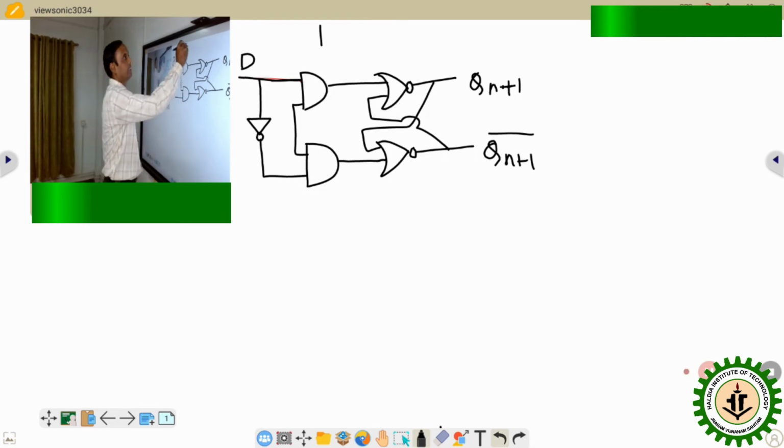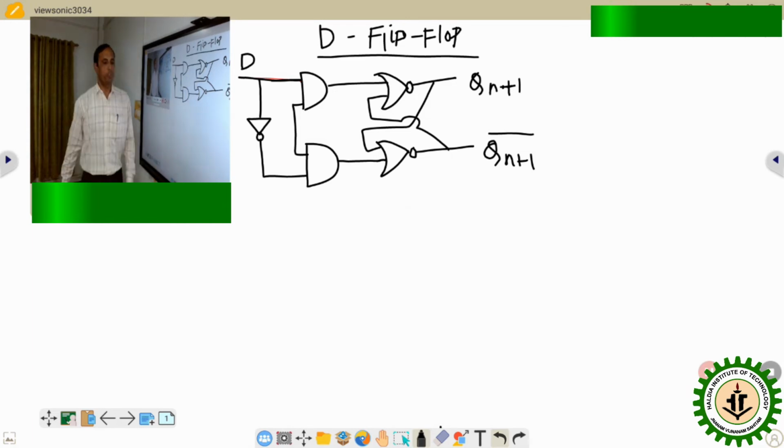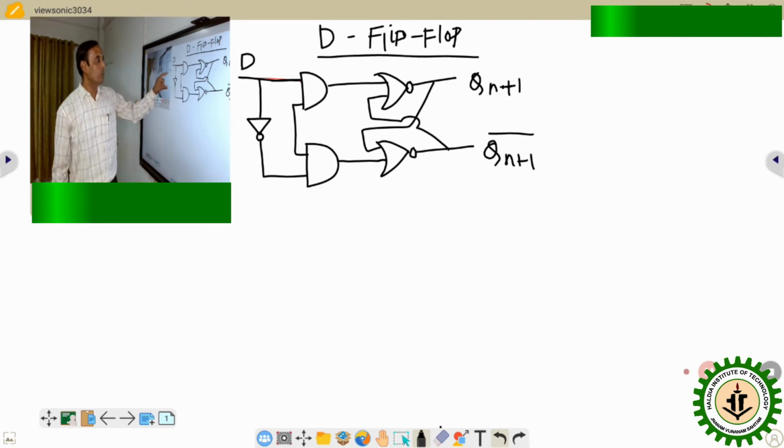So this D flip-flop is just a little bit modification from SR flip-flop. Here we can see only one inverter logic gate is connected in between R and S of SR flip-flop. So instead of two inputs, one input is present, which is D.